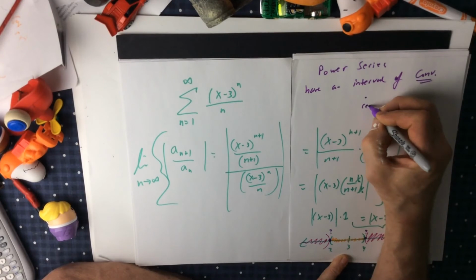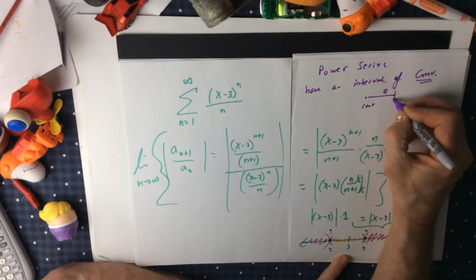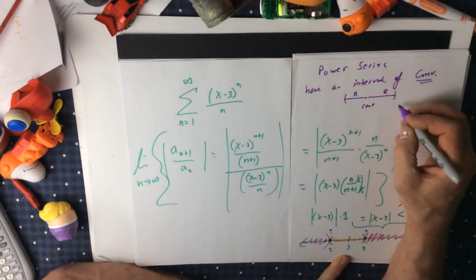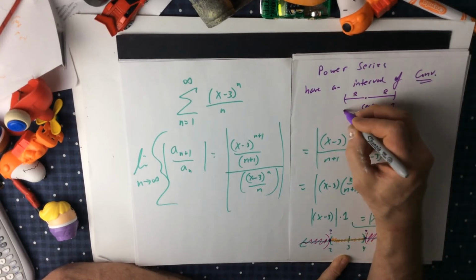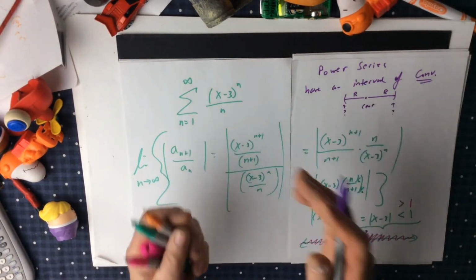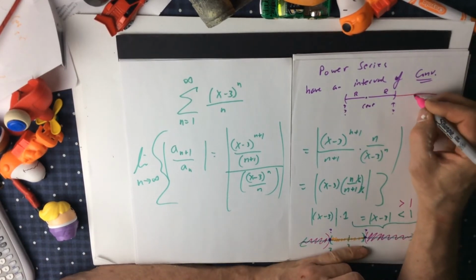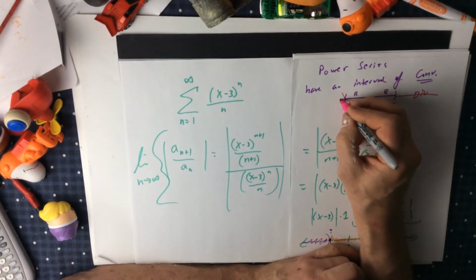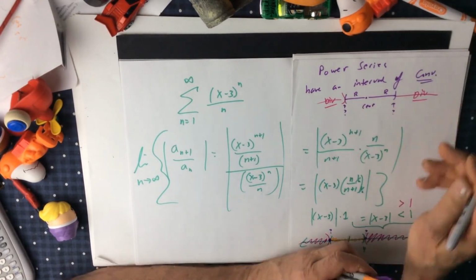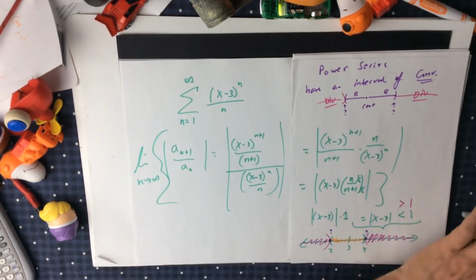There's always a center and some radius, and then the question is, do the endpoints actually work in there? And outside of that interval of convergence is divergence. And this is a special property that every single power series has.